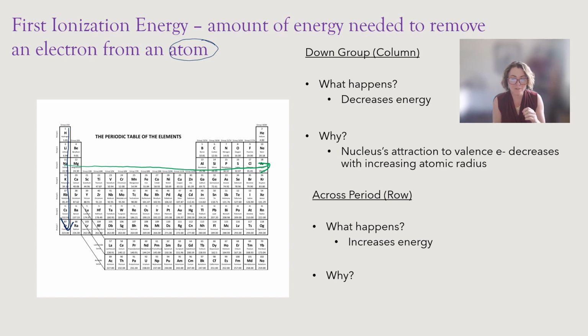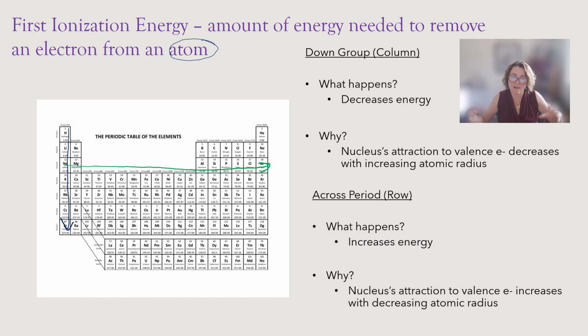That's going to make it more difficult to pull those electrons off, and so therefore we have an increase in the ionization energy. And the reason for that is, again, because that nucleus has a strong attraction to the electrons, and as those atoms get smaller, they're being pulled in. That means that that nucleus has a greater pull on that electron.